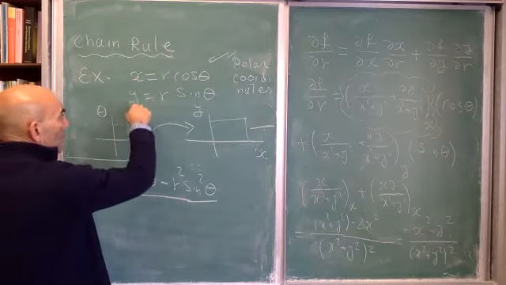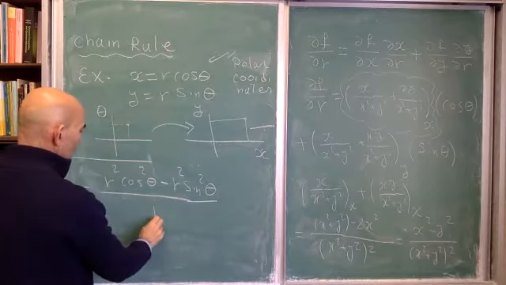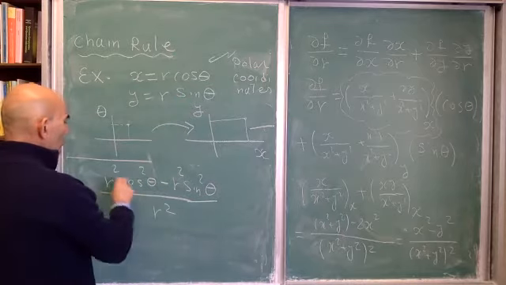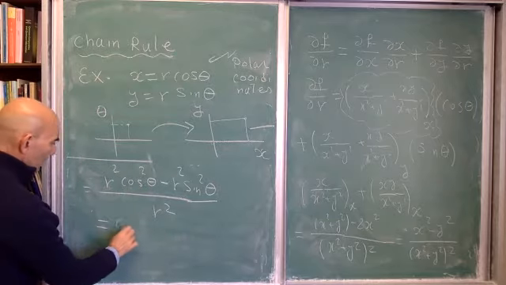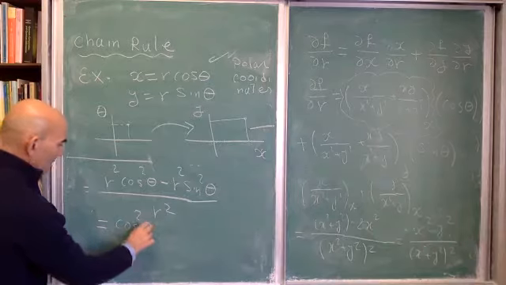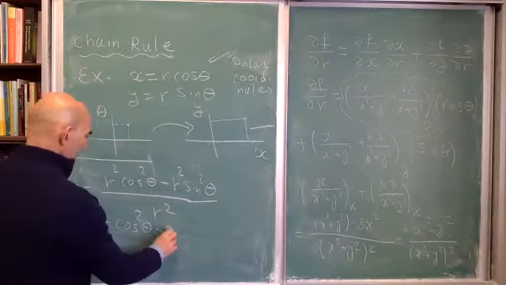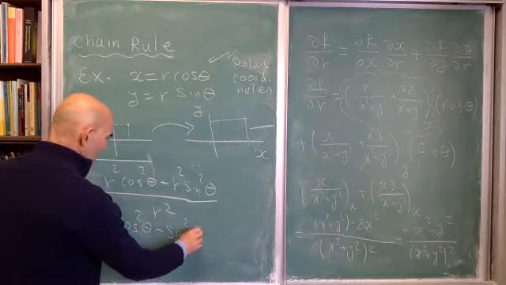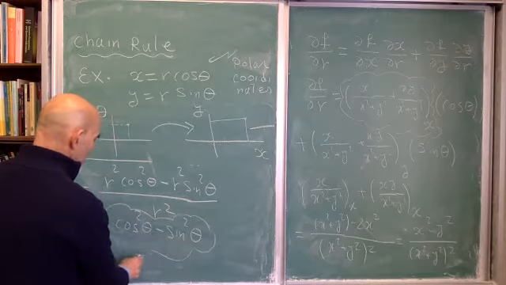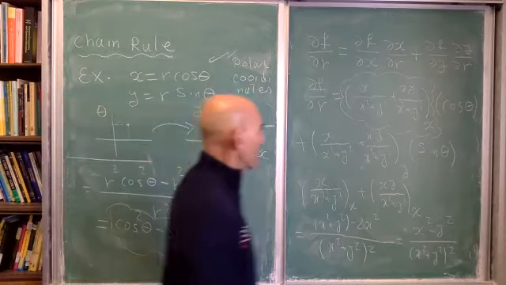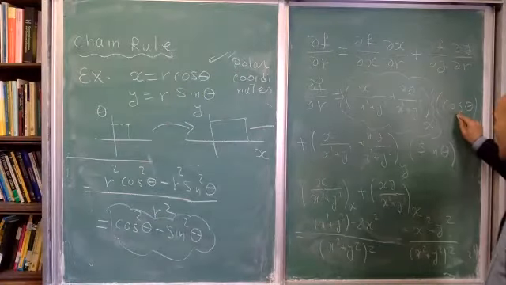If you compute x² plus y², you get r². And r² cancels, so you get cos² of theta minus sin² of theta, right? So this is the part that goes here. And then we have to multiply this by cosine of theta.